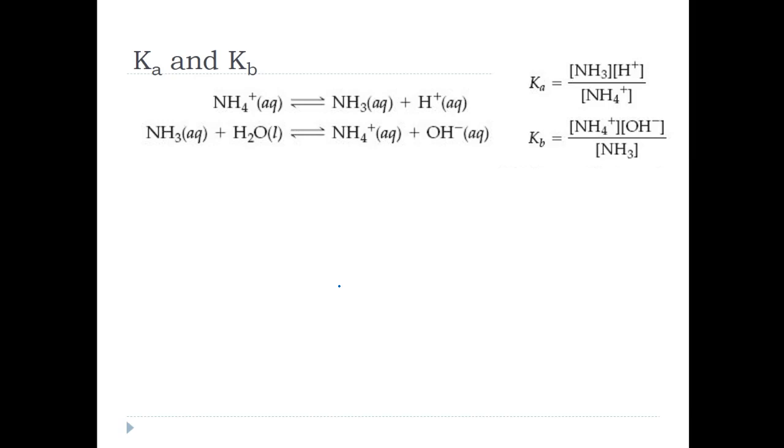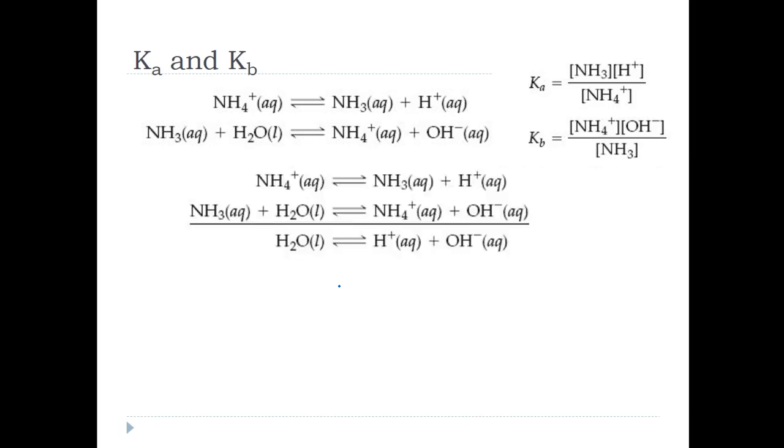Okay. So I showed you the definitions of Ka and Kb earlier. This is just giving us an example where ammonium, NH4+, is our weak acid, so it's being shown dissociated. And ammonia, NH3, is the weak base, and it's accepting a proton. So we've got the expression for the Ka and the Kb in those two cases.